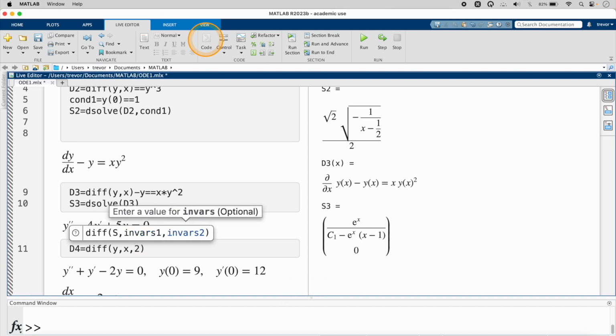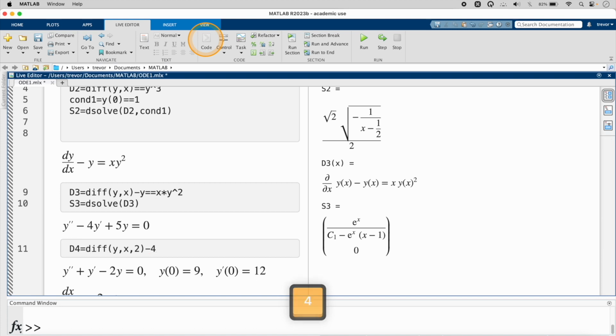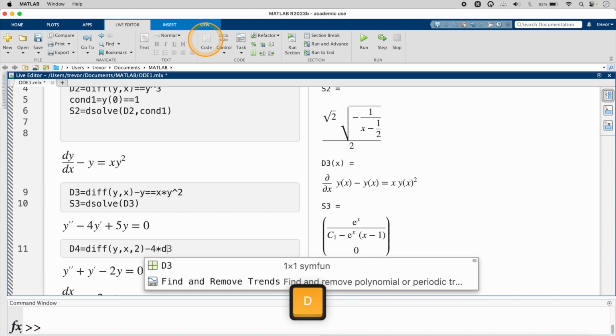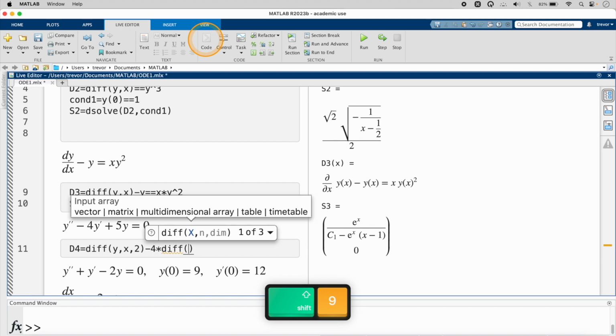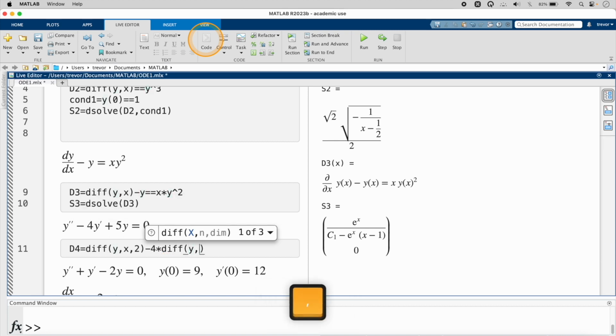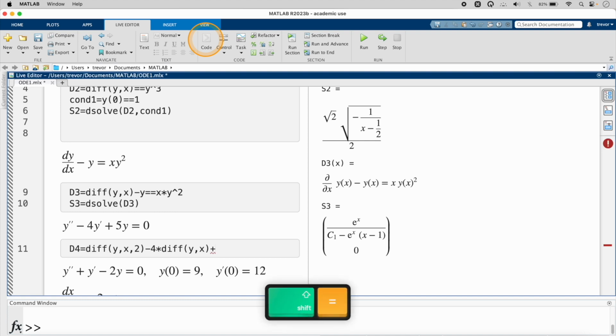So that's the command for the second derivative there. Minus 4 multiplied by the derivative of y with respect to x. This is just a first derivative, so we don't write anything there. Then plus 5 multiplied by y. And then we define the equation by double equal signs.